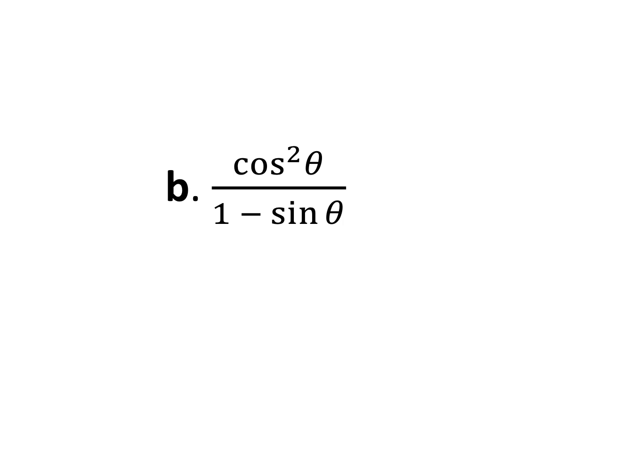So is there anything I can multiply to change this? It's the opposite. Yeah, so 1 plus sine theta. If I multiply that to the bottom, I have to multiply it to the top too. So my goal on the bottom is to get this to be a sine squared, so then hopefully I can use my Pythagorean identity.